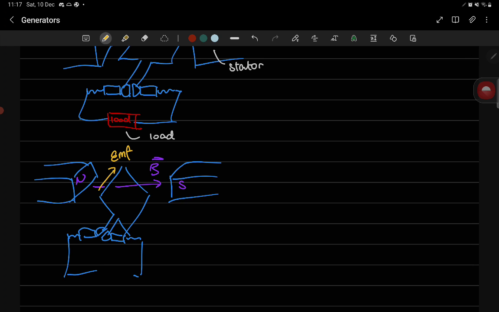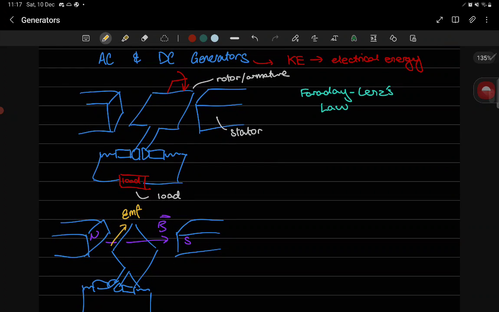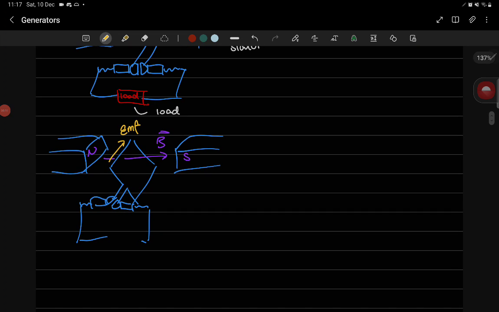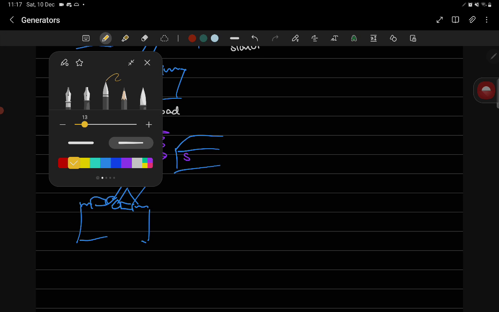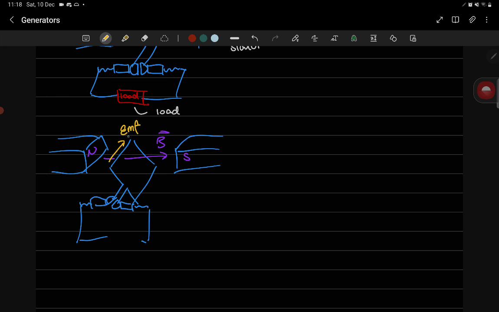But this time, unlike in a previous DC motor, there is no supply EMF, right? Because this is going from kinetic energy to electrical energy. So as a result, you're going from just kinetic energy, which is you cranking the motor, has created a change in flux that induces an EMF, and this EMF drives a current, and that is the electrical energy produced by the generator.